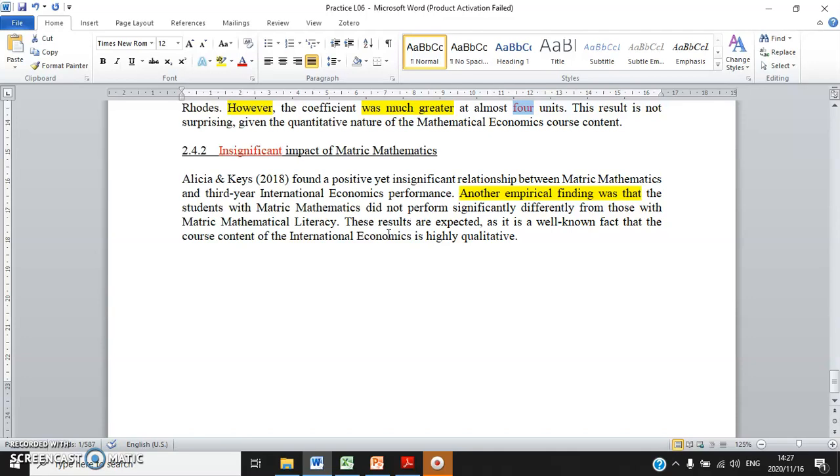These results are expected, not surprising, as it is a well-known fact that the course content of international economics is rather highly qualitative or theoretical. I don't know if you still remember the theories like comparative advantage, absolute advantage, Heckscher-Ohlin theory, something like that. These are all highly qualitative theoretical models which don't have much to do with your matric mathematics.